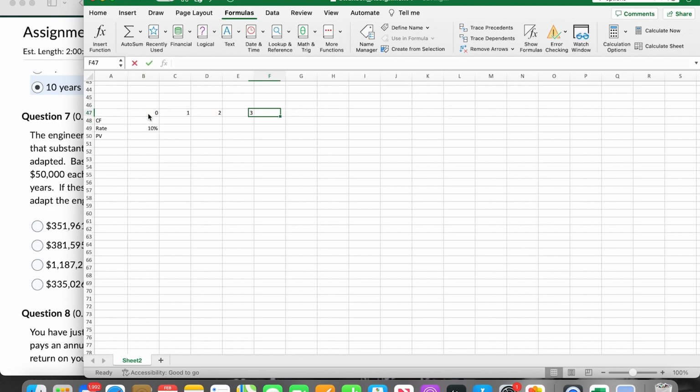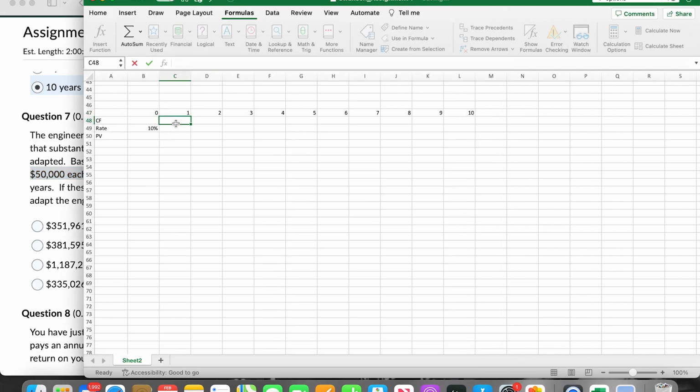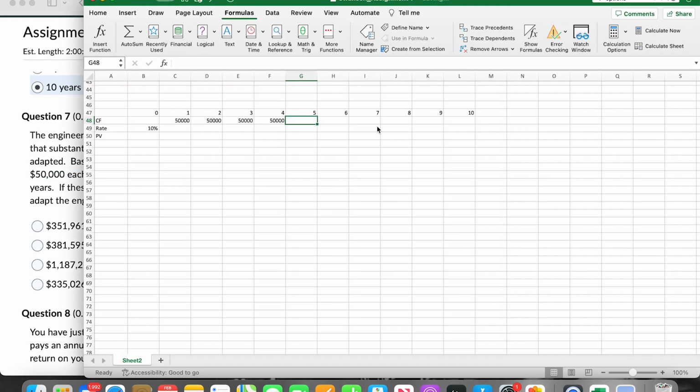So 1, 2, 3, 4, 5, 6, 7, 8, 9, 10. All right, and it says for the first 4 years, the firm will save $50,000. So years 1 through 4, we're going to put in $50,000 for cash flow, and then for the next 6 years, they'll save $75,000.